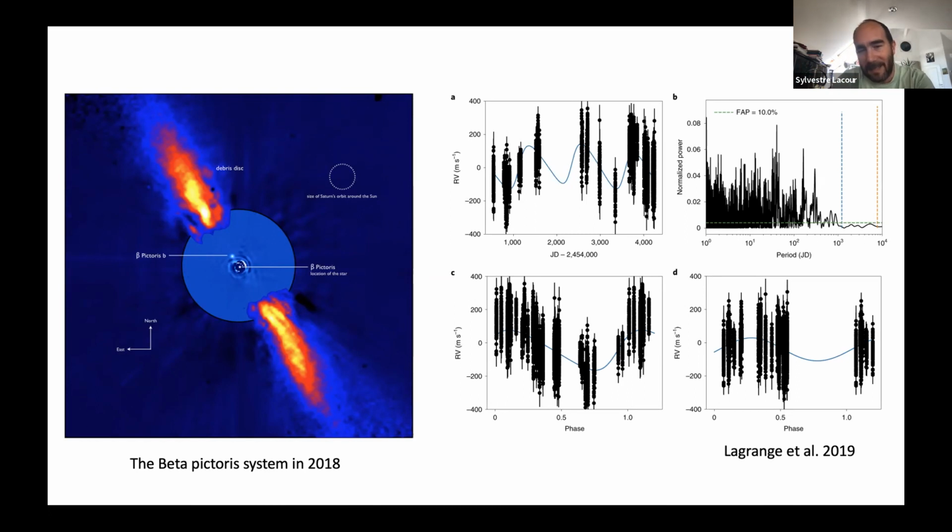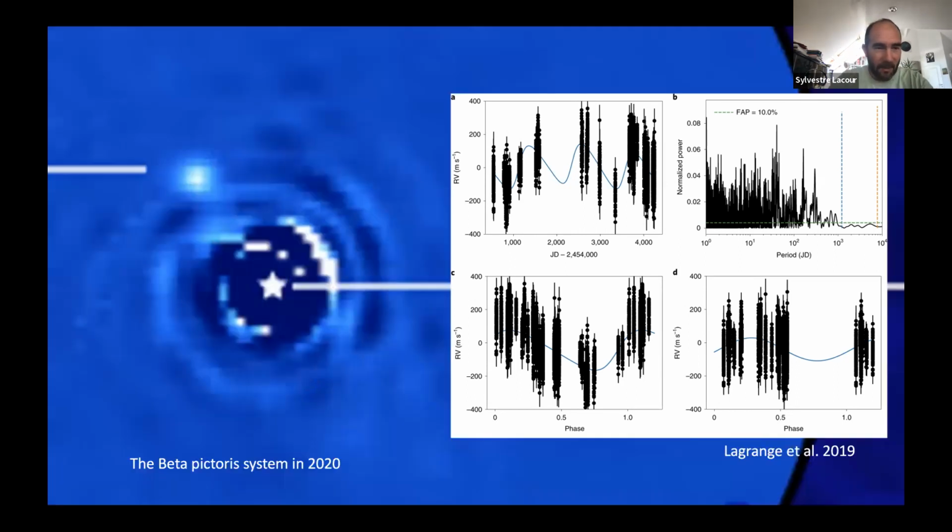But what she saw is that there was actually a higher frequency variation in her data. And this here that you see on the right, the radial velocity, points toward another planet with a period of 3 years. And if you know that you have an exoplanet with a period of 3 years, then you can zoom.